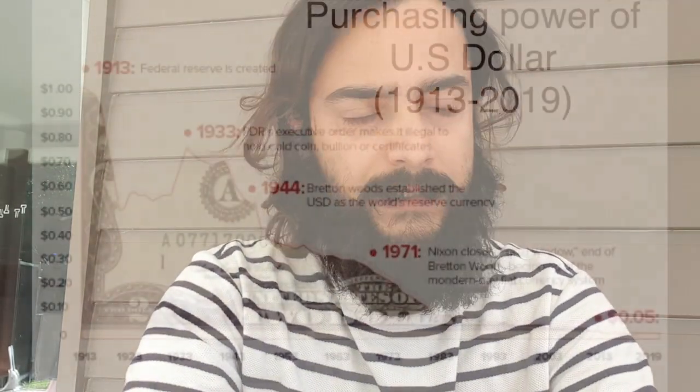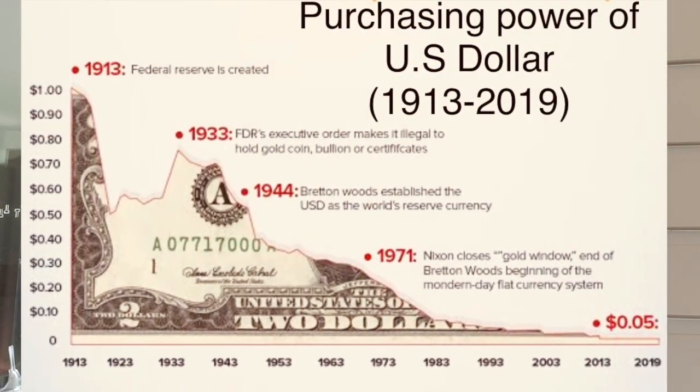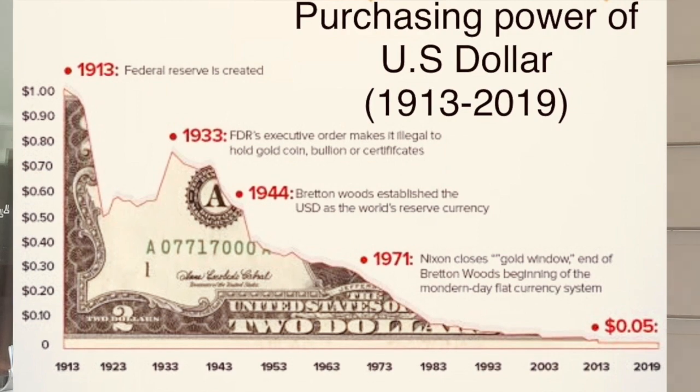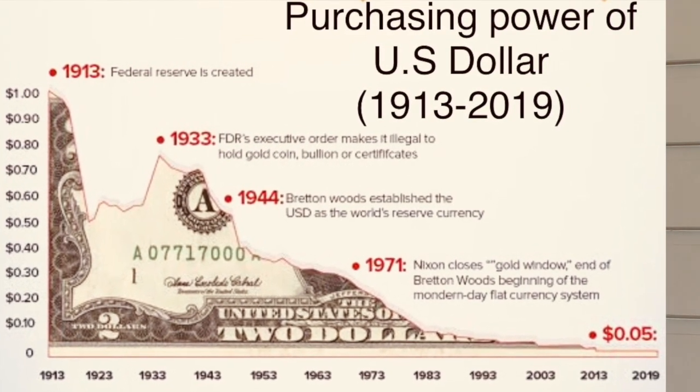We also have to understand that every dollar created in the market by the US Federal Reserve and the US government dilutes the value of the earlier dollars that were available in the market. So the more dollars you put in the market, the lower the purchasing power of the dollar. In fact, since 1913, after the establishment of the dollar, its value has decreased by 93%. Yes, please let that sink in.